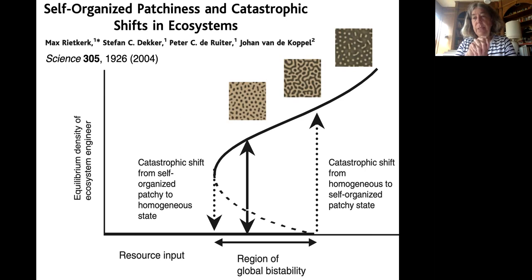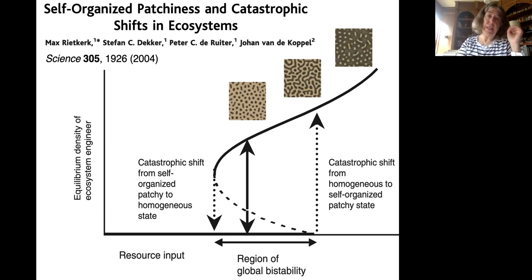who put forth this idea that maybe the morphology of the patterns might tell you something about how close you are to some kind of catastrophic tipping point. So in this graph that I'm showing, which is just schematic, it's not from models, but it's their picture of how this would work, you have some resource on the horizontal.